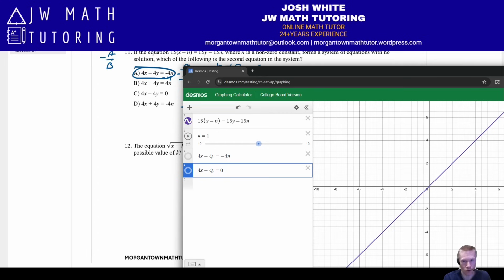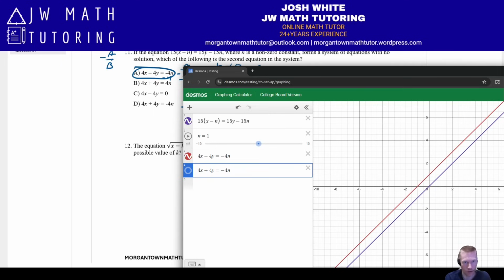Notice this one is overlapping. This is infinite solutions, so this is not no solution. So C is out. Notice here, D, okay, there is a solution. They do intersect. This is not no solution.